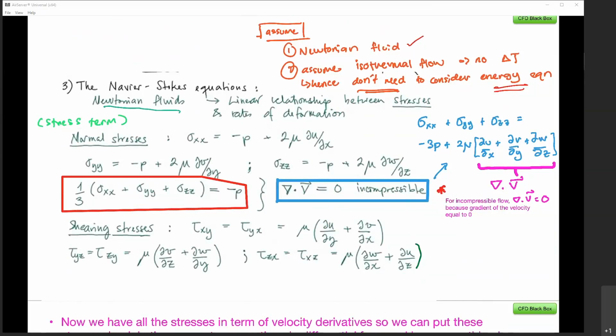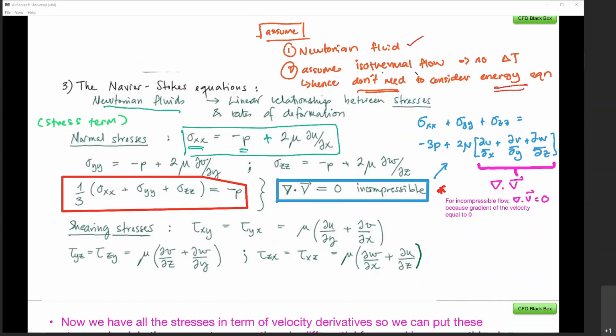So the normal stress sigma xx can be given as negative p plus 2 mu du dx. This is how Stokes, the scientist, derived it and gave the value of sigma xx equal to negative p, the pressure, plus 2 mu du dx.